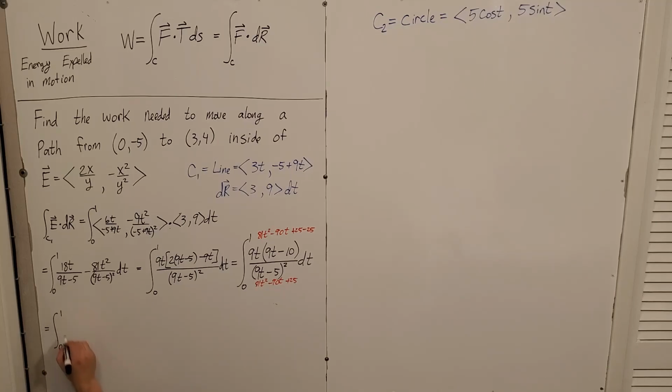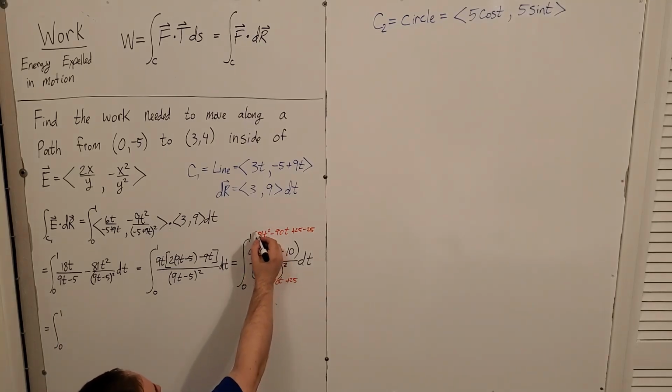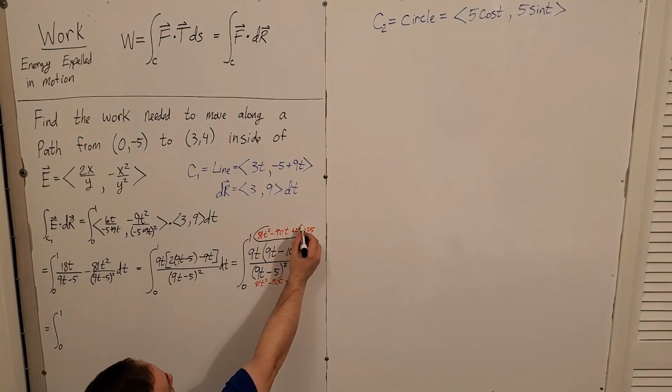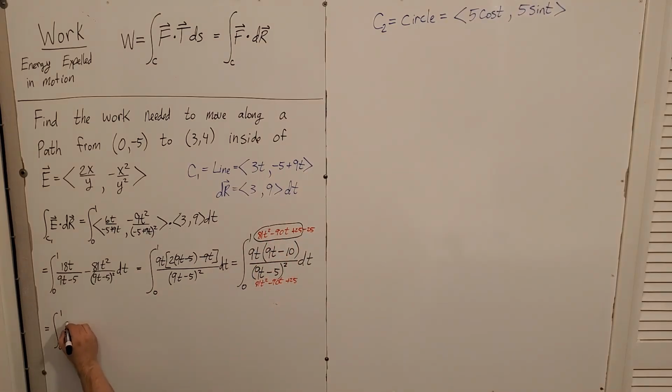from 0 to 1. This portion over itself is just 1. And then I'll have minus 25 over the original denominator, but I'll leave it in factored form. 9t minus 5 squared dt. From here, straightforward integral.